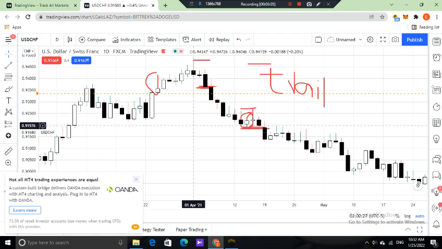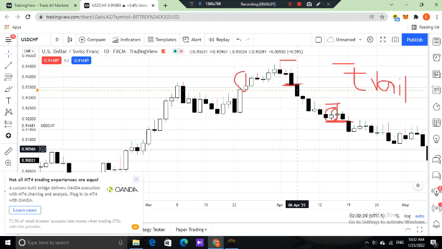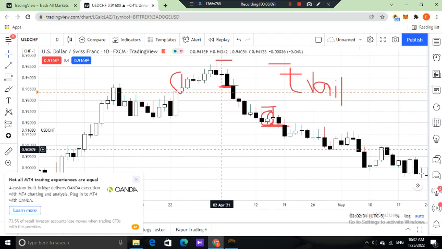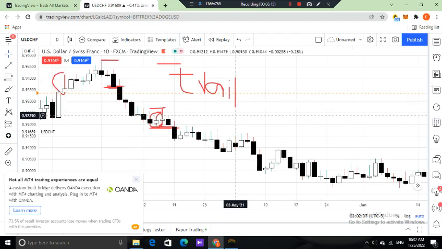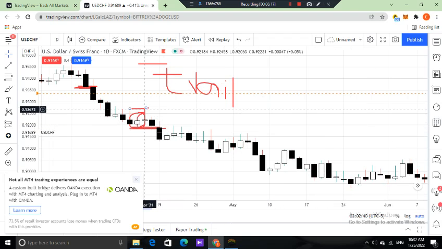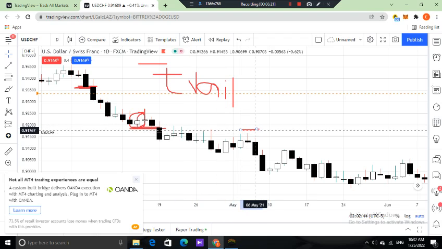But there are some other points here. So you trail your stop loss, and you do the same when you see this one maybe, or this one.